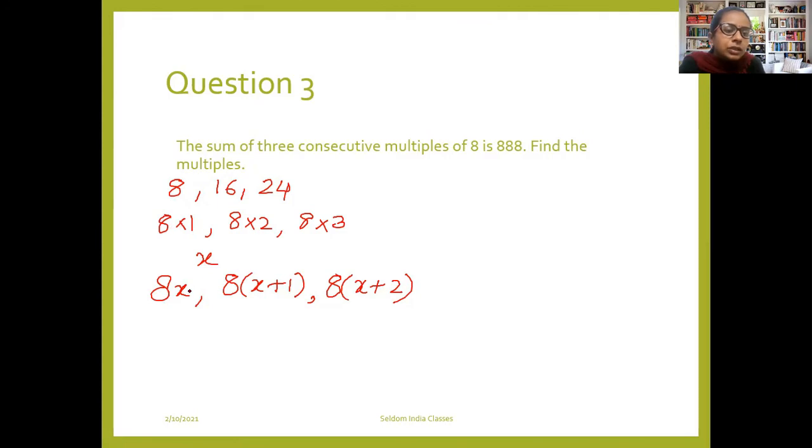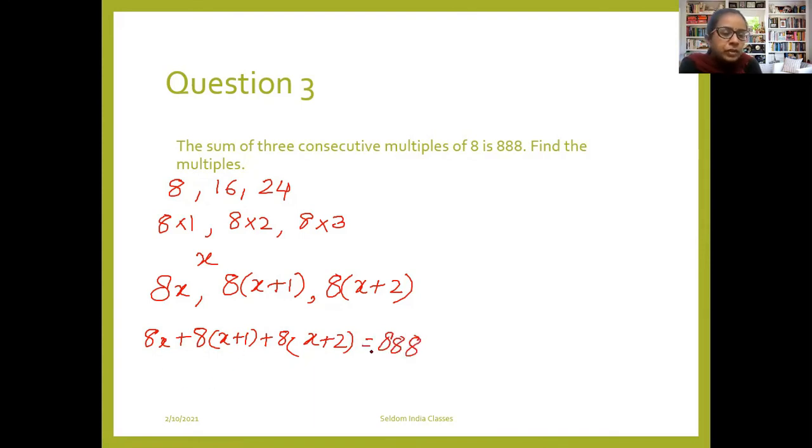You will get 8 into 1, 8 into 2, 8 into 3. So these are three consecutive multiples of 8. Now sum of these multiples, 8x plus 8(x plus 1) plus 8(x plus 2) is equals to 888.